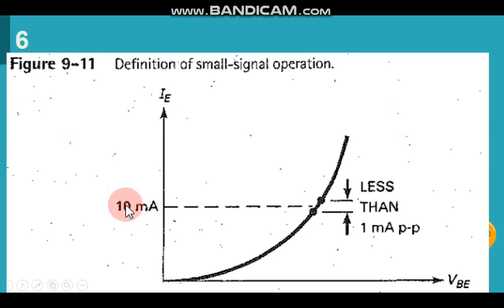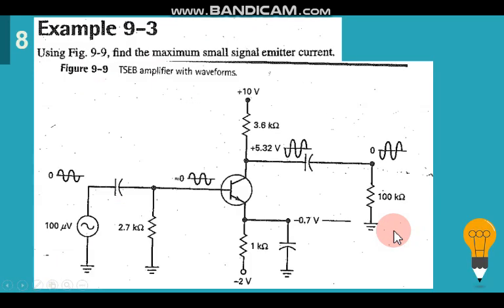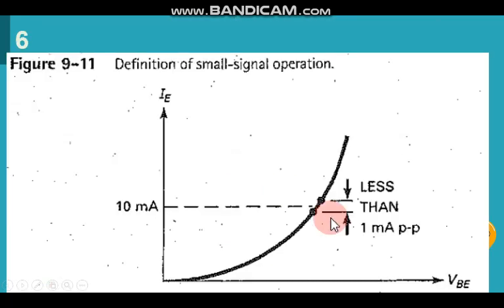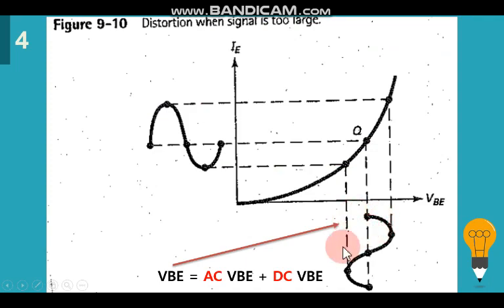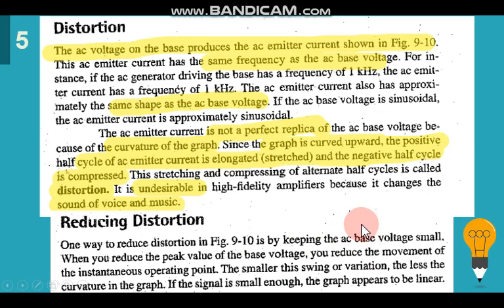So if a transistor follows this 10% rule, then we know that the variation in beta, variation in Q point due to this change will not be much, and we can reduce the distortion.